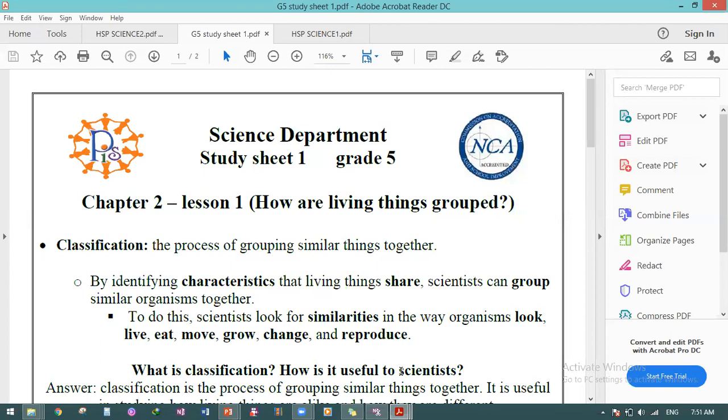In this chapter 2, we're going to learn about living things too, but how they are grouped, like how we put them in different groups and how we study them to make studying them a lot easier.